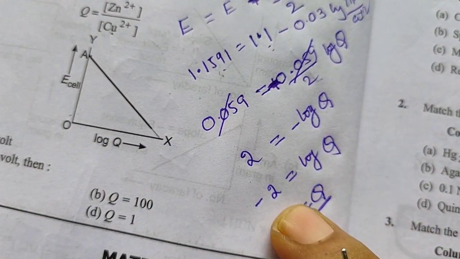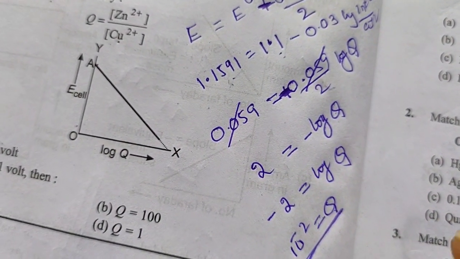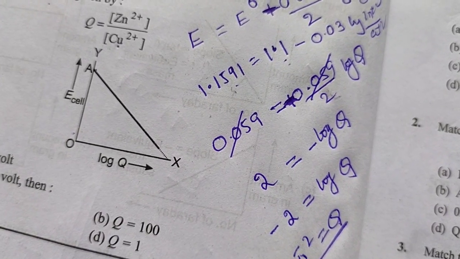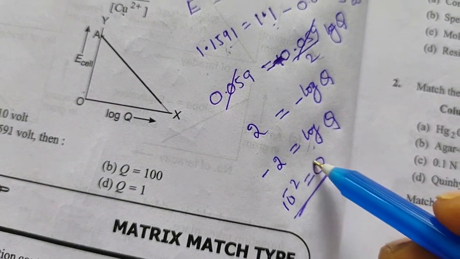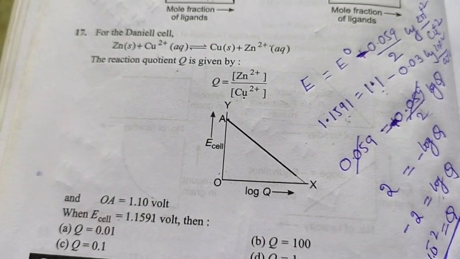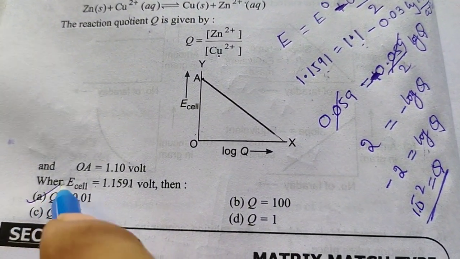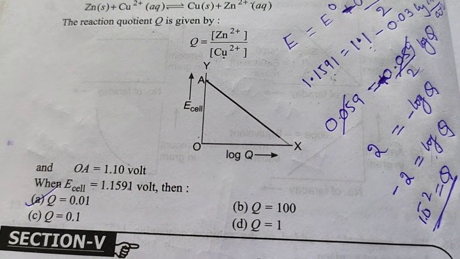Both sides apply the antilog, so the 10 and the log cancel. So Q equals 10 power minus 2, that is, Q equals 0.01.